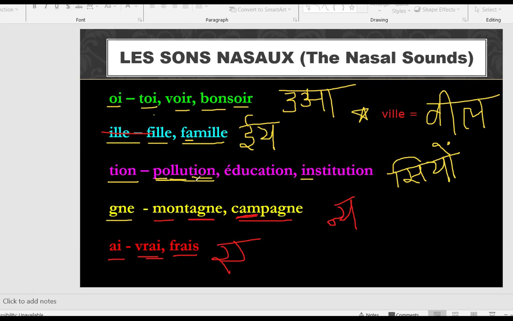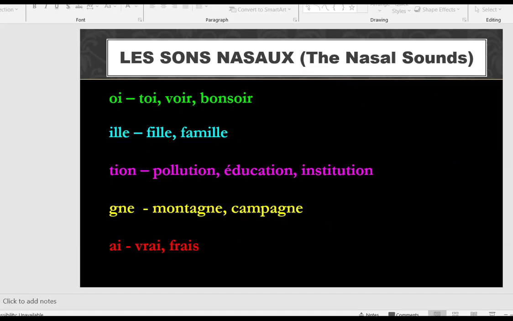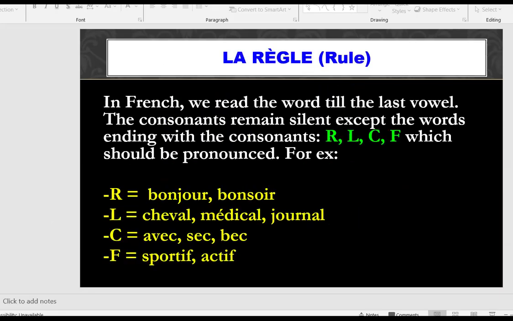So don't let the R overpower your other things. So these are all the sounds I have covered. We have done this rule as well.